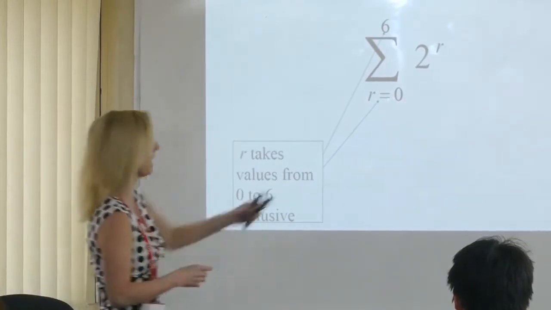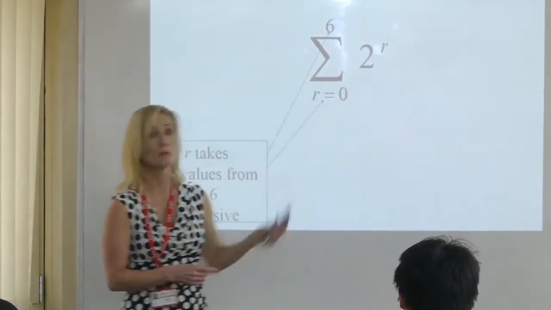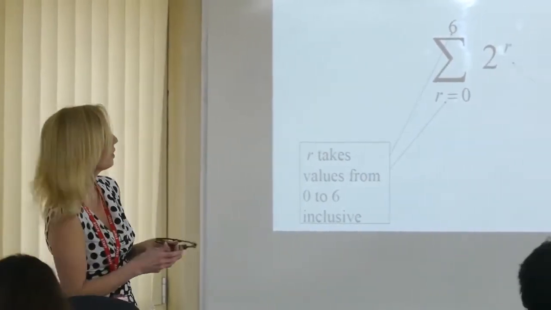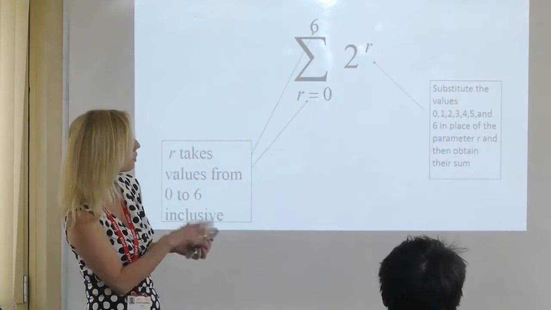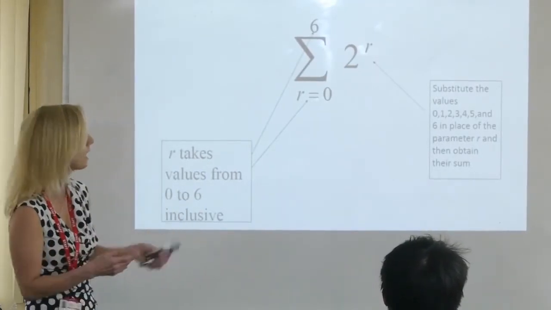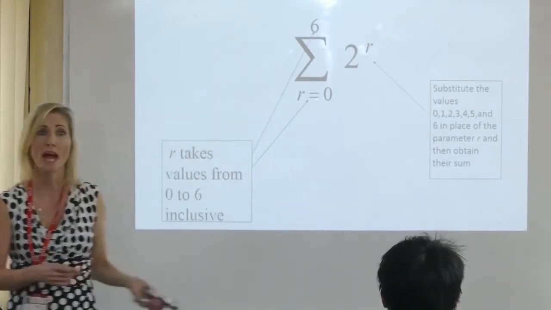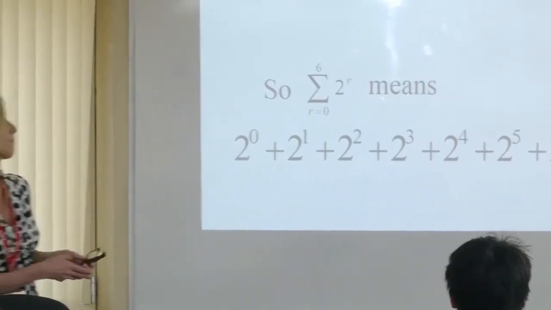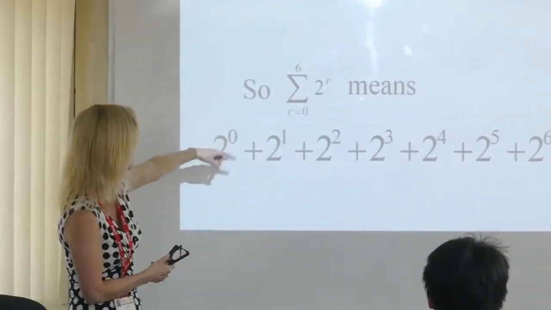So you have to use that in order to work out what your starting value is. The formula that you're going to be using is always here, and that will be in terms of R. Okay? So what we're going to be doing is in turn substituting in the values 0, 1, 2, 3 and so on until we reach the uppermost value. Right, so what would all of that come to? Let's have a little look.